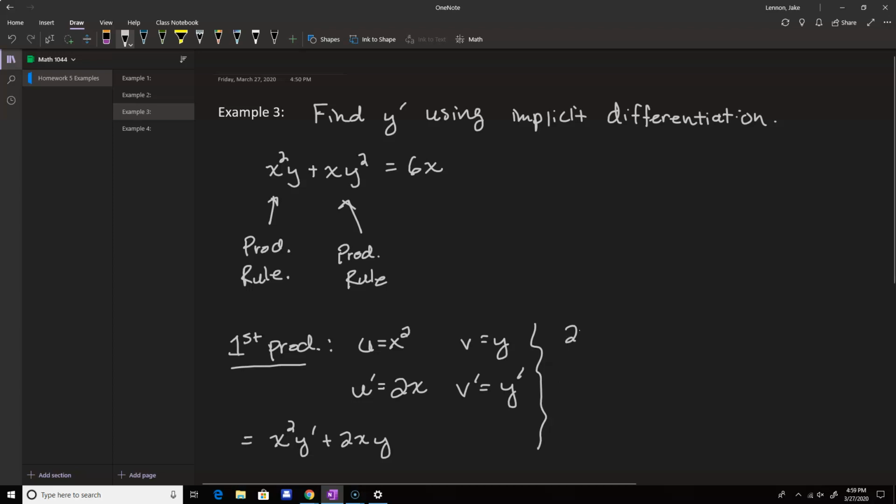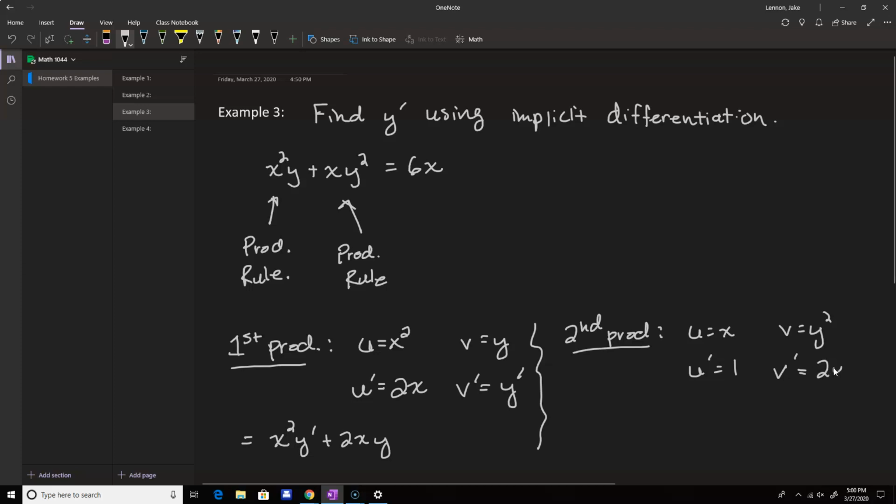And then our second product rule is going to have a similar setup, but remember this one we're multiplying x times y squared. So u is equal to x for this one, v is equal to y squared. So u prime is 1. And when we take the derivative of y squared, we do it like normal, but then we just multiply by y prime due to the chain rule, since we're thinking of it as a function of some implicit variable t.